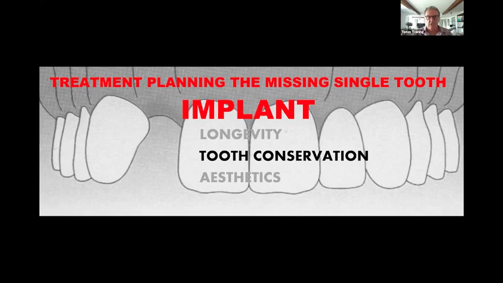Tooth conservation goes without saying that we are not going to be prepping a tooth with a minor amount of preparation or a major amount of preparation as adhesive or conventional bridge work. However, when we talk about conservation, it's not just tooth conservation.